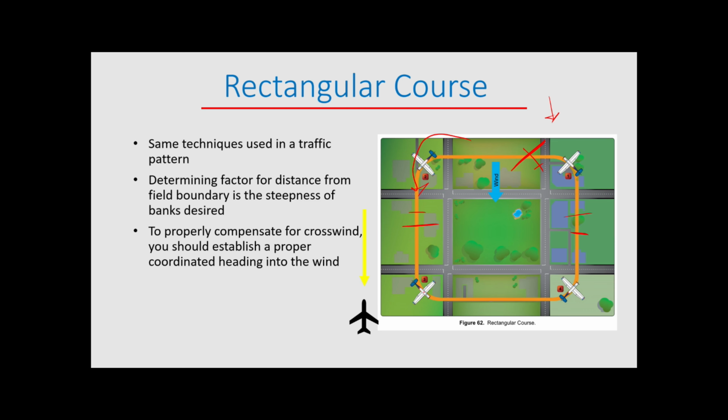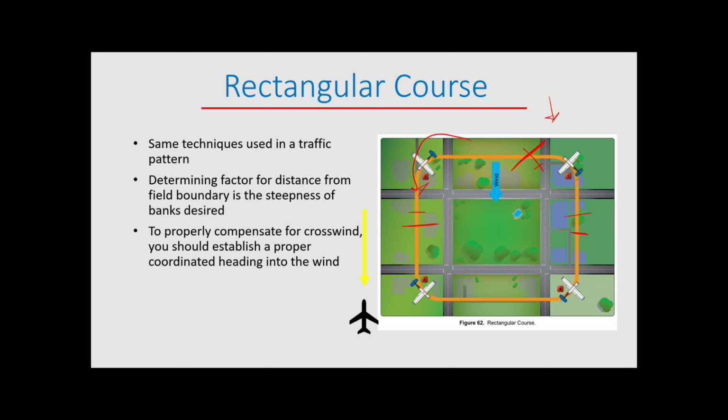S-turns across the road are similar. They also teach us how to perform maneuvers with reference to the ground and at the same time account for wind. So we enter on the downwind, have our wings level across the road. We enter a very steep bank here on turn 1. We roll out of it, moderate bank, and then the shallowest bank here as you come level with the road again.